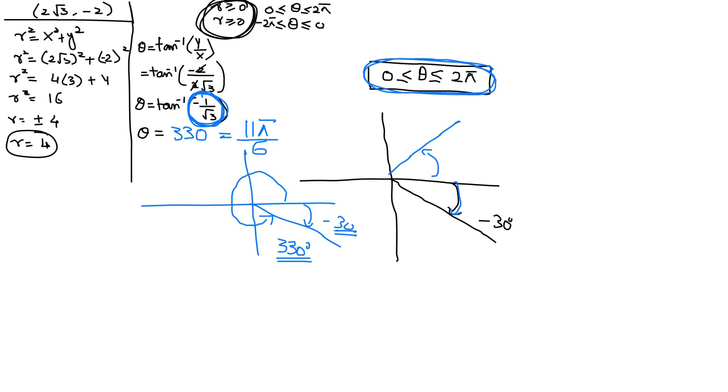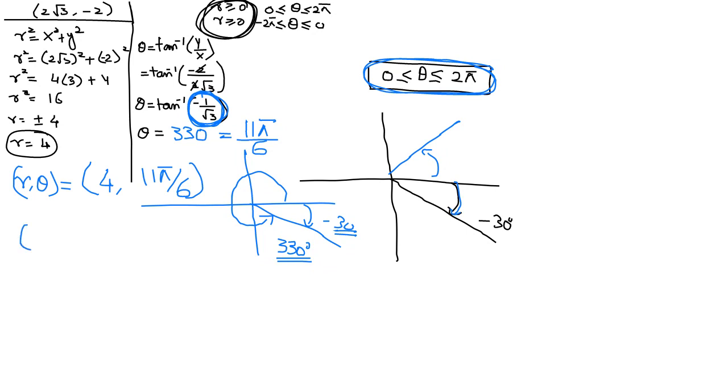Okay, got it? So it means the first polar coordinate is 4 and 11 pi over 6. This is the first polar coordinate.